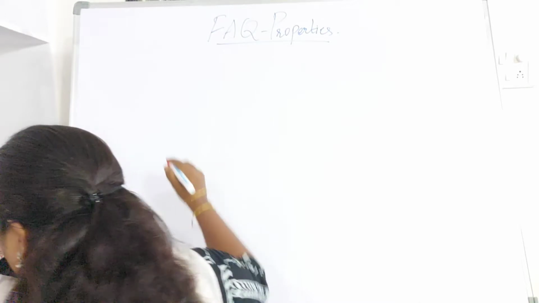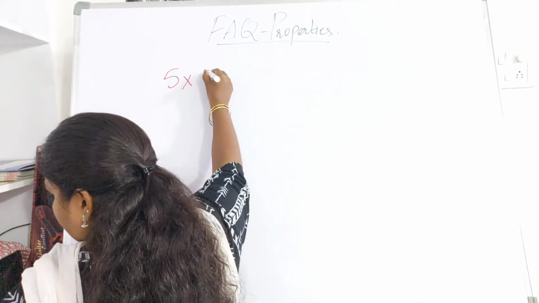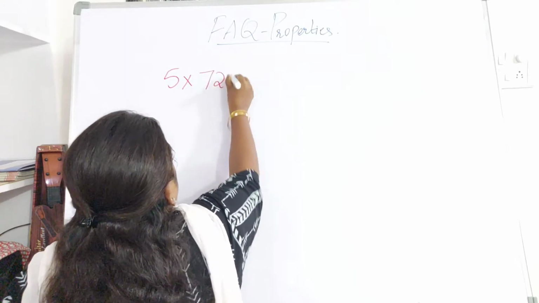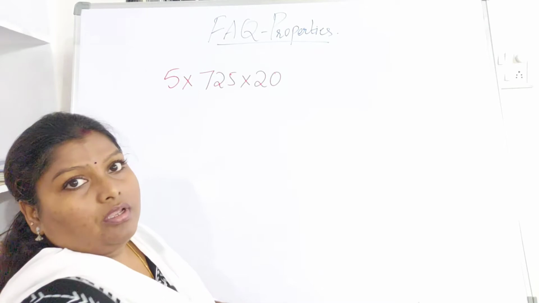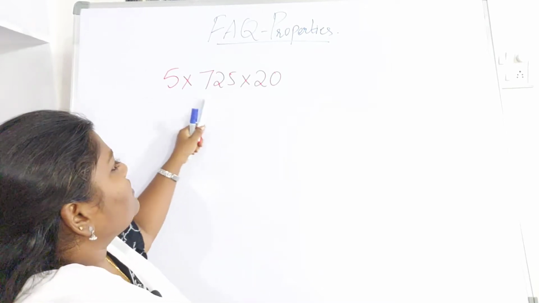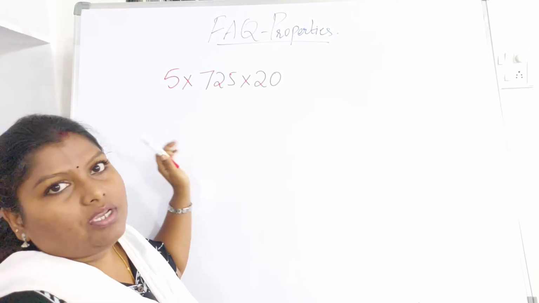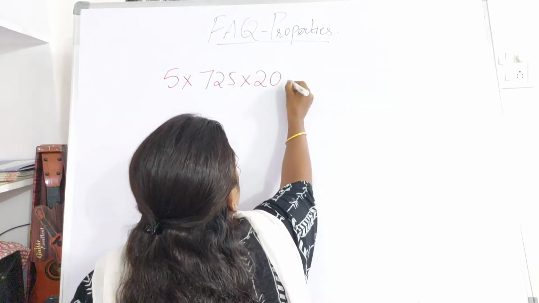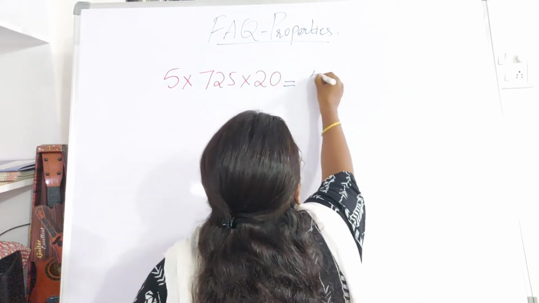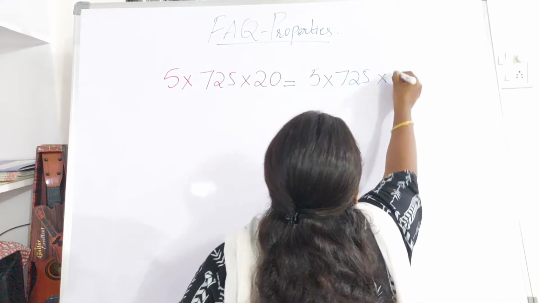So I'm going to take an example. Now this is the problem 5 into 725 into 20. Now this I'm going to solve by using a property. So first here, 5 into 725 into 20.